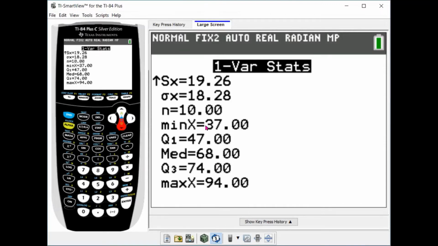The minimum value is 37, Q1 is 47, median is 68, third quartile is 74, and maximum value is 94.